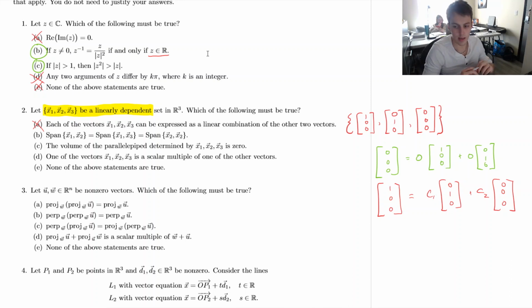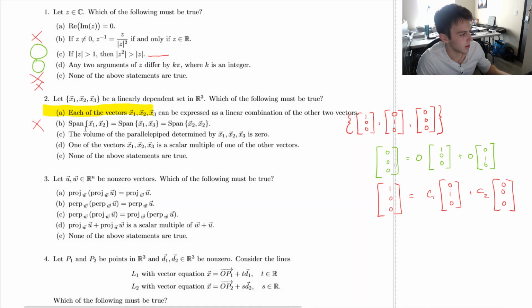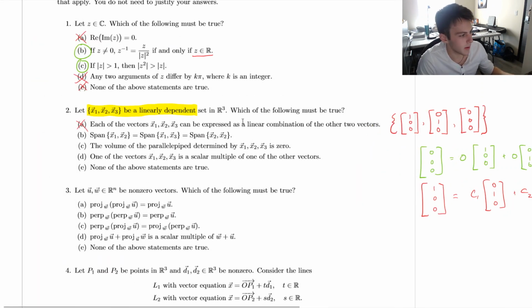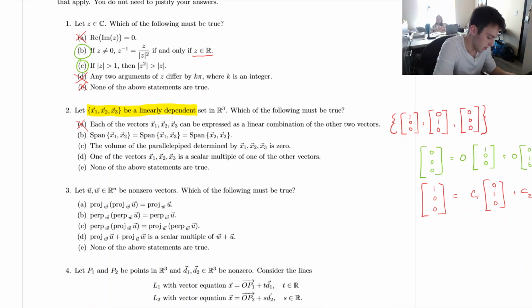If this said x3 and x2, that would be true. But the span of x2 with itself, geometrically, would be a whole dimension less than these, because we can remove a vector. We've never seen that property anywhere, so we just know that that's not true.